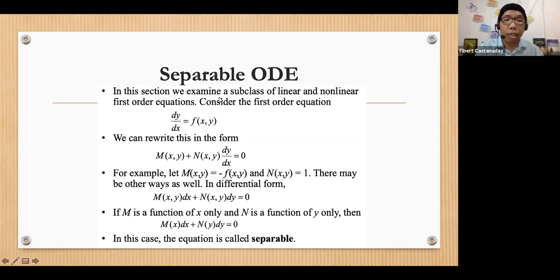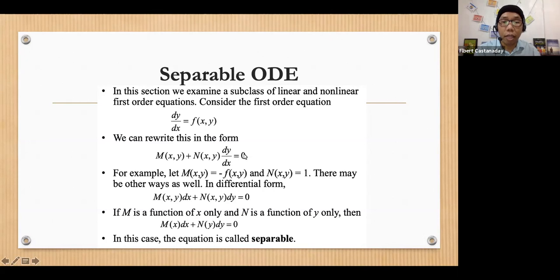So let's consider this first order equation, dy over dx equals a function of x and y. And we can rewrite this form into M, a function of x and y, plus N, a function of x and y, times dy over dx equal to 0.